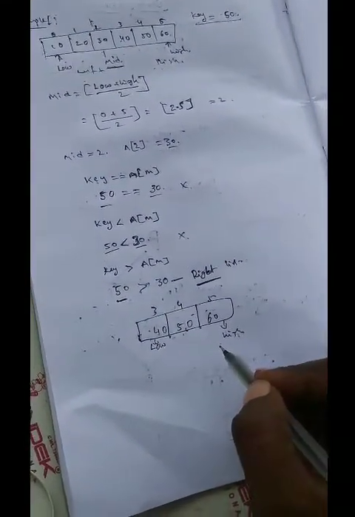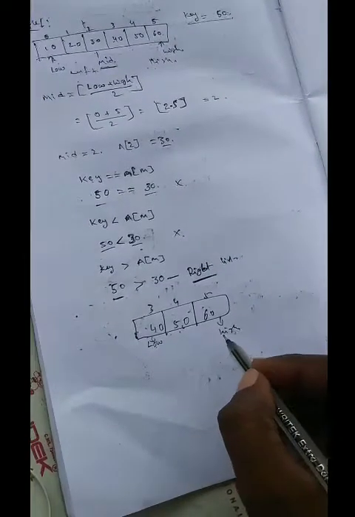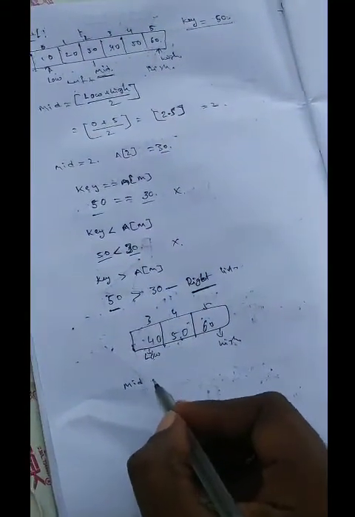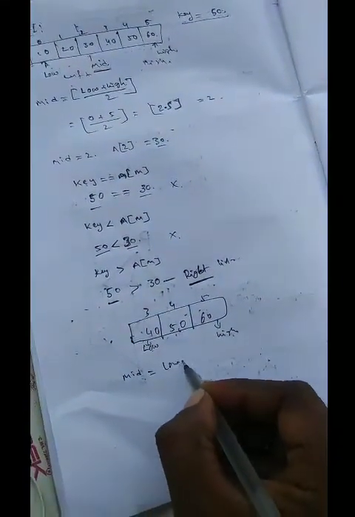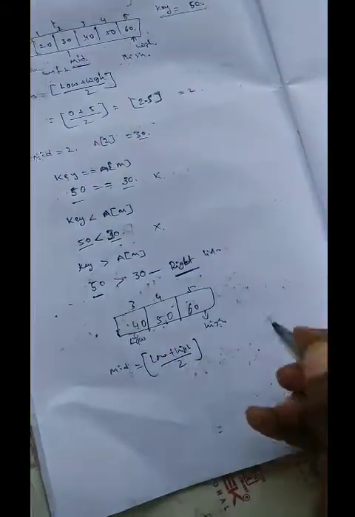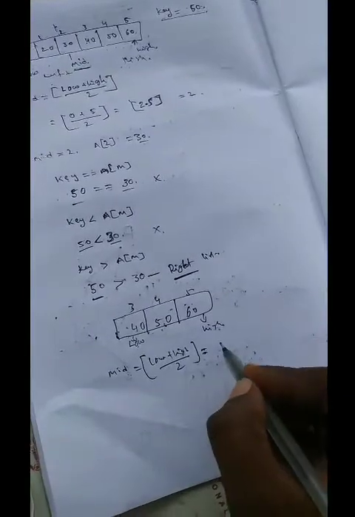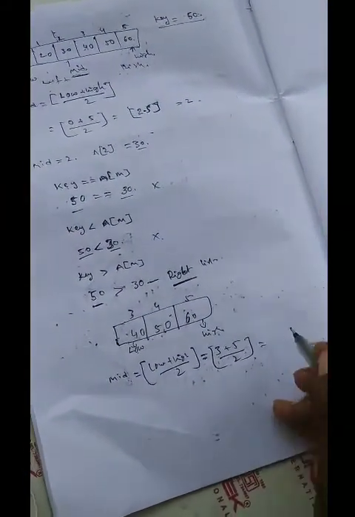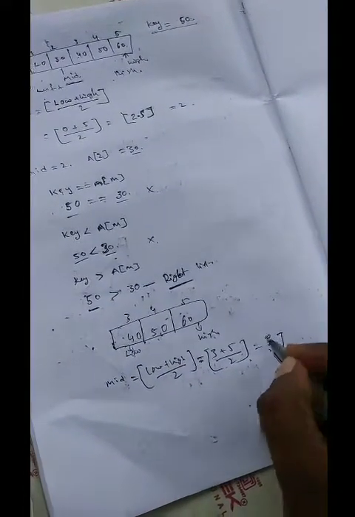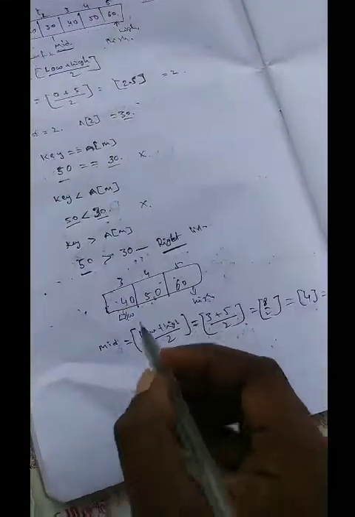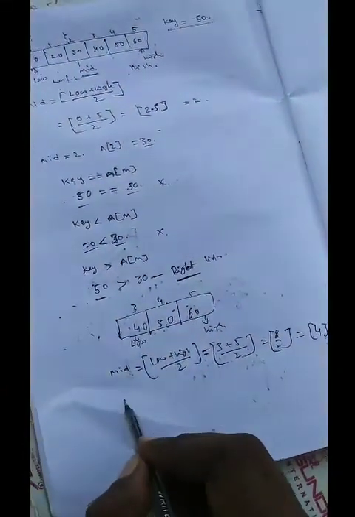Now we calculate the middle using the formula (low plus high) by 2 with floor applied. Low is 3, high is 5, so 8 by 2 is 4. The middle element is the element at index 4.